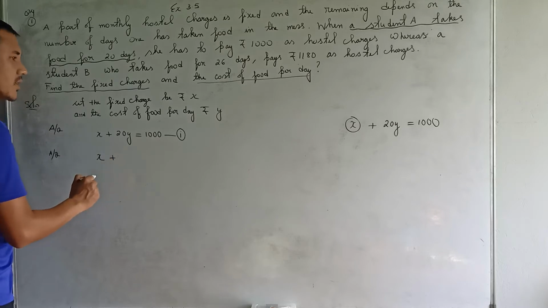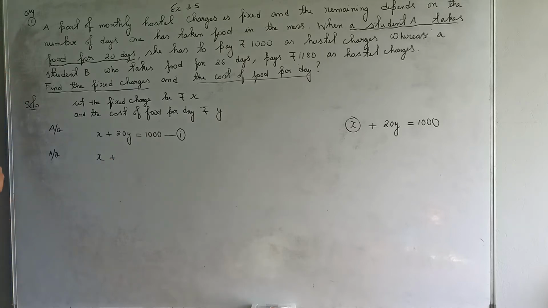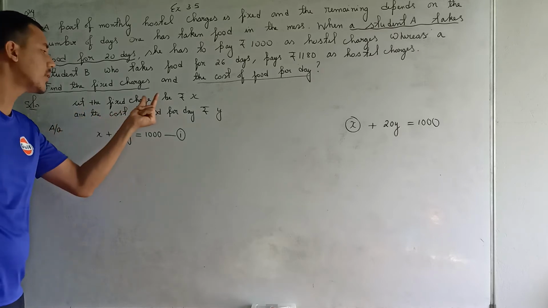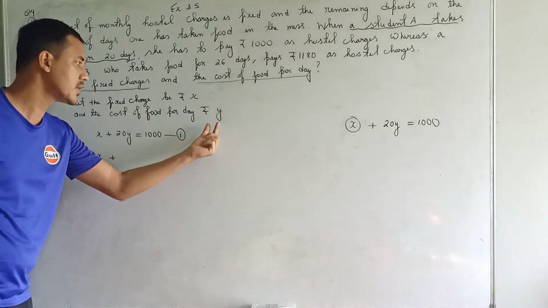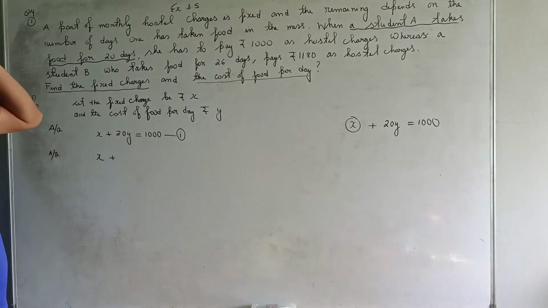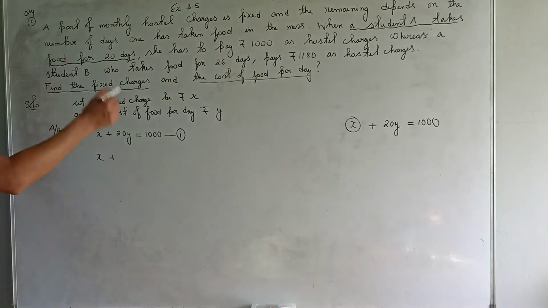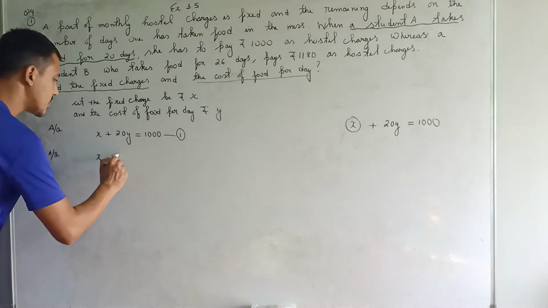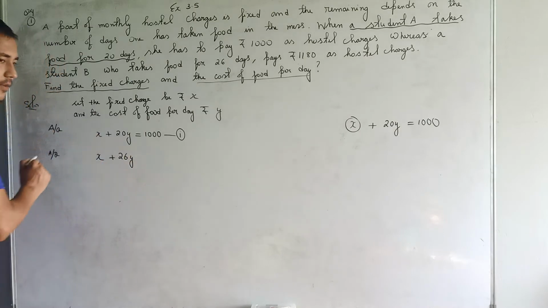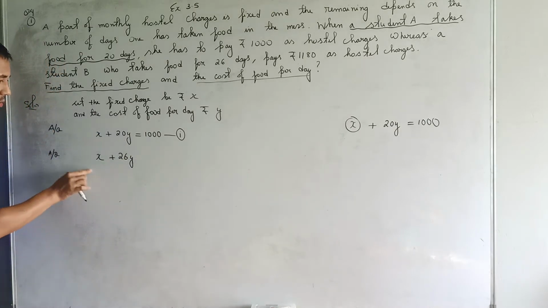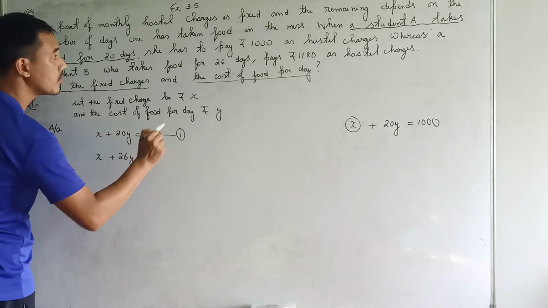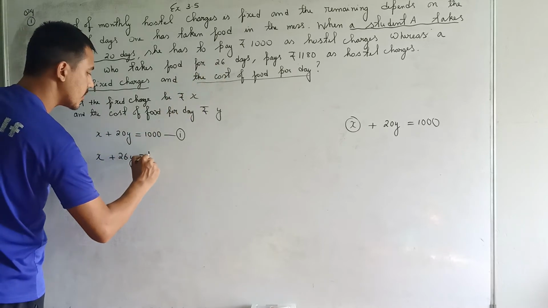Plus the additional charge, meaning the charge for having food per day. Cost of food for one day is rupees y. If you take food for 26 days, then she has to pay rupees 26y, right? So this total cost is given in the question as 1180.